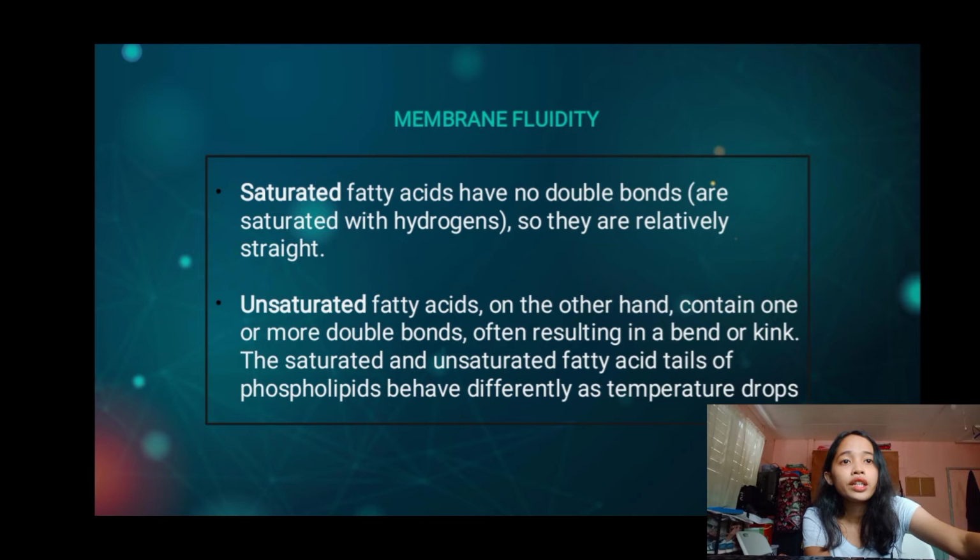Saturated fatty acids have no double bonds and are saturated with hydrogens, so they are relatively straight. As you can see in the picture, the saturated fatty acid tail is straight. Unsaturated fatty acids, on the other hand, contain one or more double bonds, often resulting in a bend or kink.